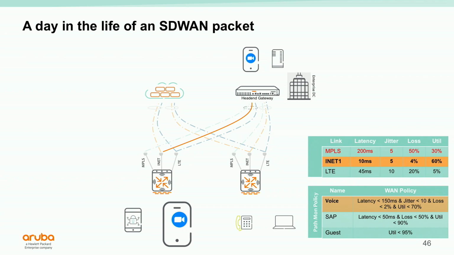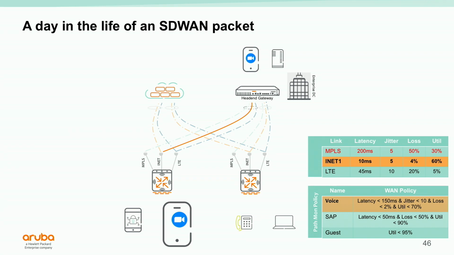What happens if the session is not initiated in the branch, but it's initiated in the data center? Well, the head-end gateway doesn't know that the branch prefers or is seeing a certain latency on the MPLS or the internet or whatever. So the first packet from this client will just take any of the 3 tunnels we had, any random path, okay?